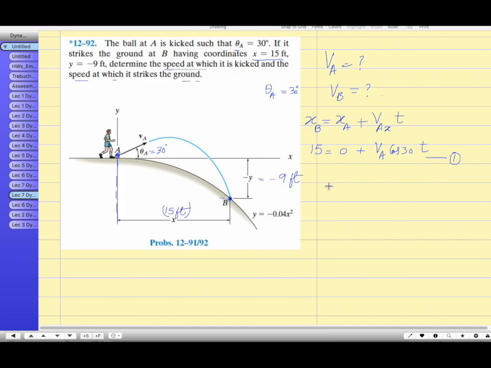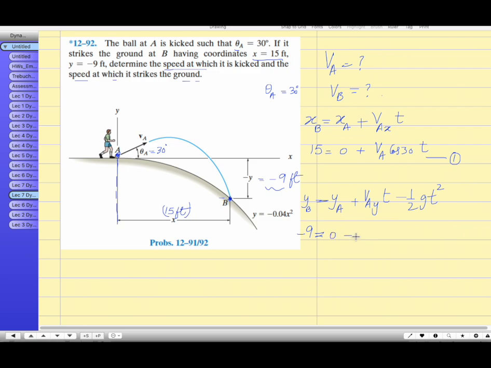We can use the same distance formula for the y direction. So yB is negative this time because it is below the x-axis. Agreed? So it is important to be consistent, to have good insight.